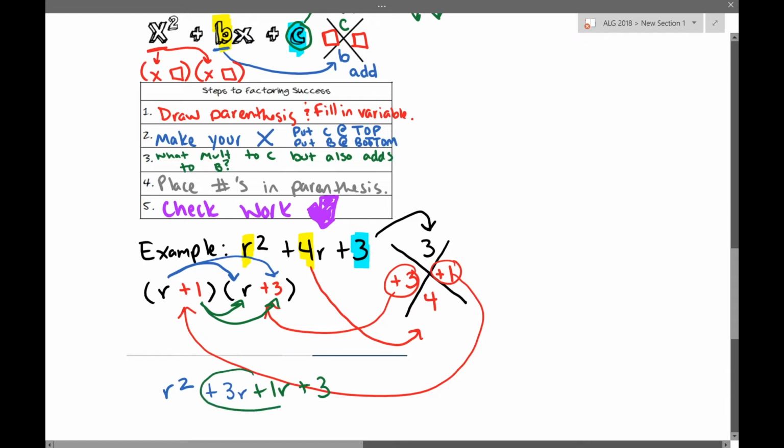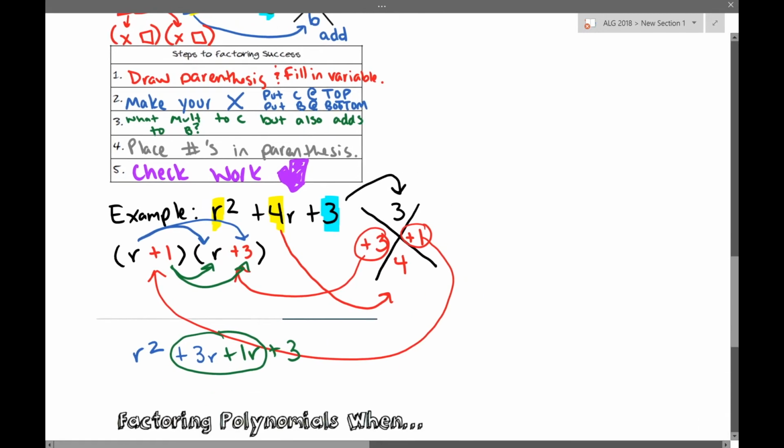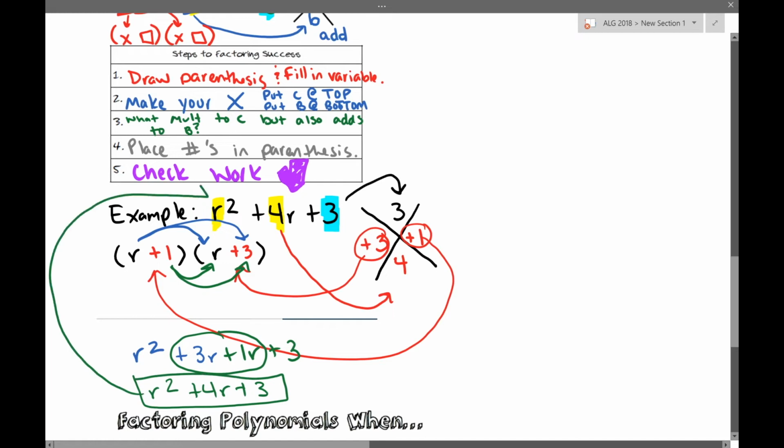Notice how the middle is like terms, so I add those two together: r squared plus 4r plus 3. Is that the same answer? Yes, it is. This is the same as my example. Therefore, my work is checked, and I got the correct answer.